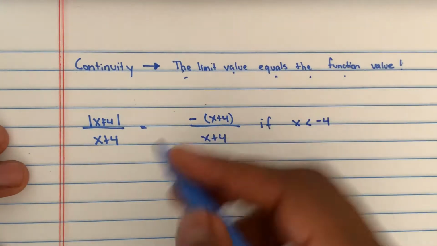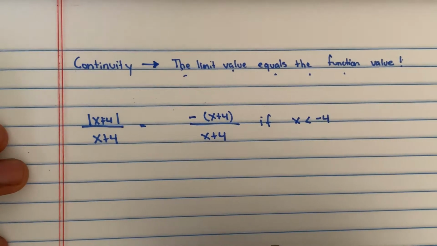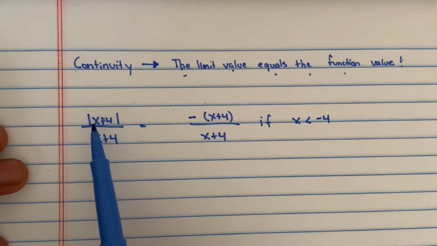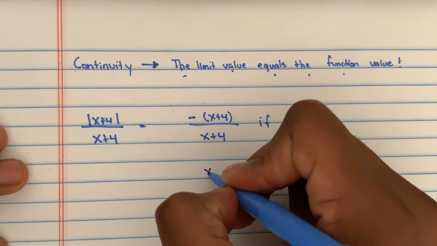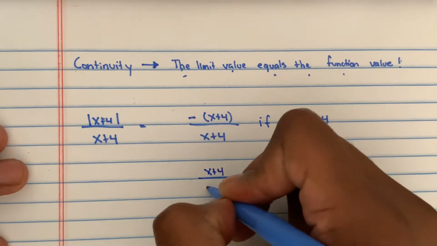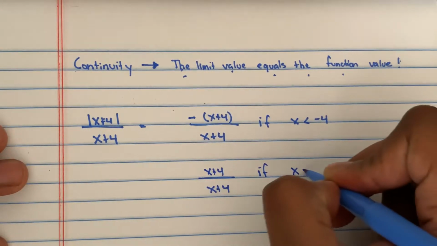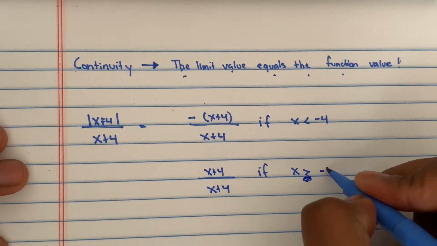And then if x is greater than -4, we don't need to change the sign. So we're just going to end up with x plus 4 over x plus 4 if x is greater than -4.